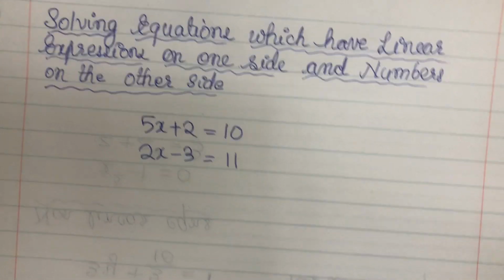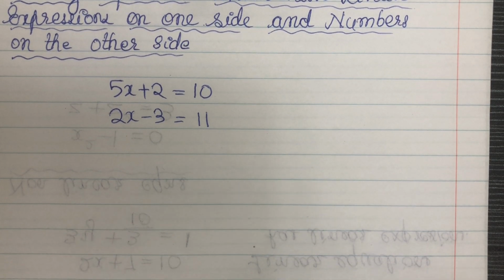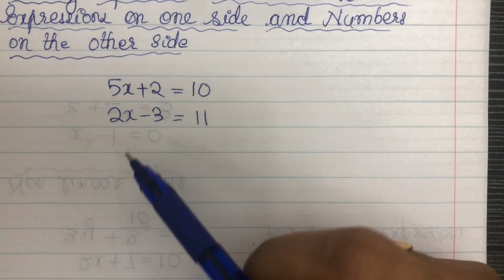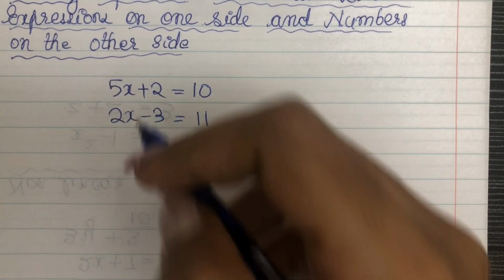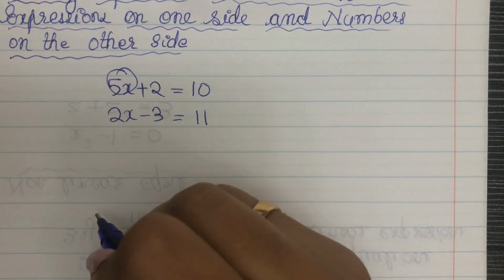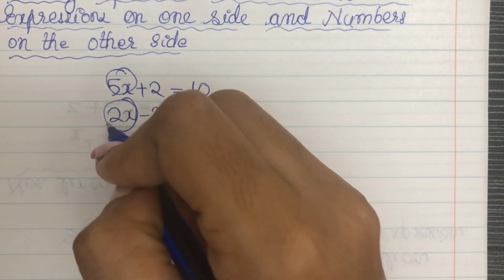So how will we solve these kinds of problems? The first thing when you have to solve a linear equation is that you try to keep the variable part. Which is the variable term here? 5x is a variable term, right? Here, 2x is a variable term, right?